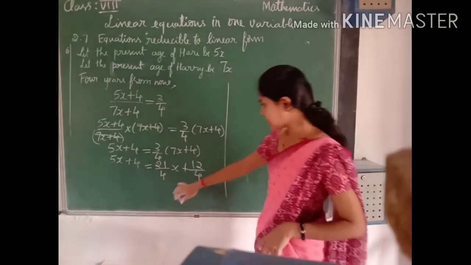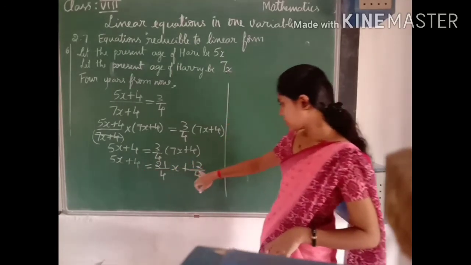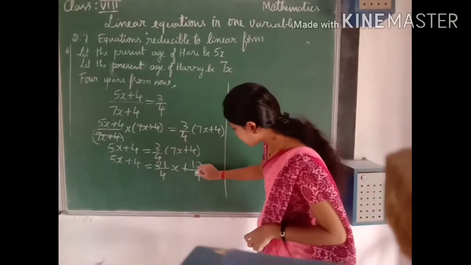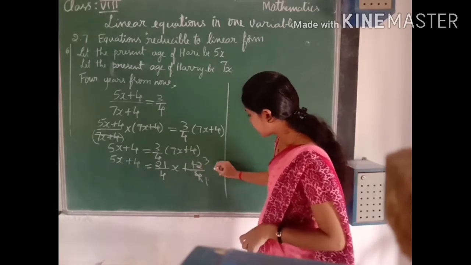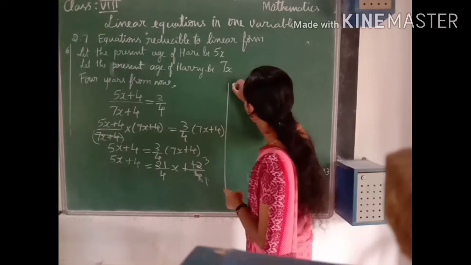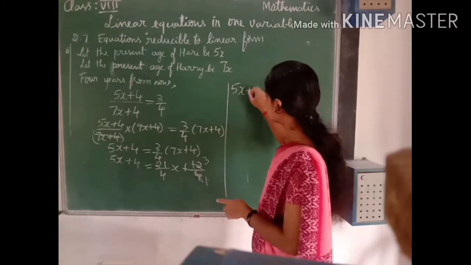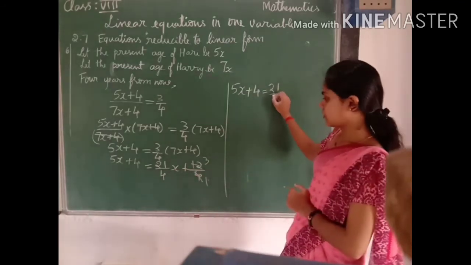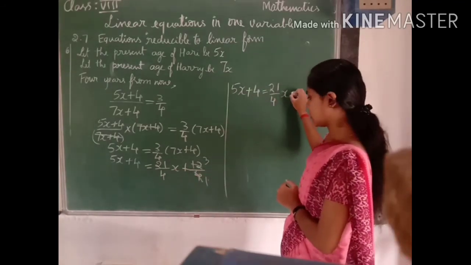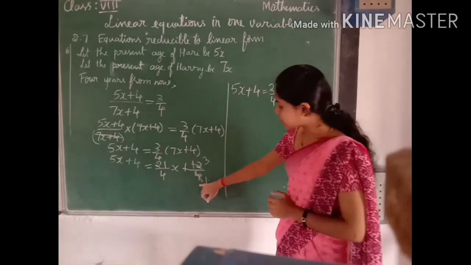Which are the constants? 4 and 12 by 4. Here you can simplify: 4 1s are 4, 3s are 3. So what remains? 5x plus 4 is equal to 21 by 4 x plus 3.